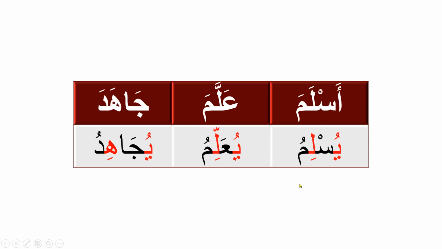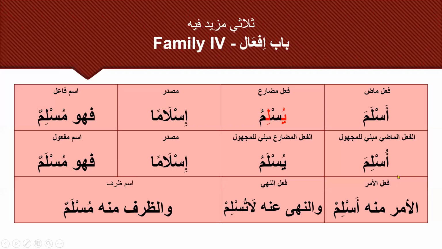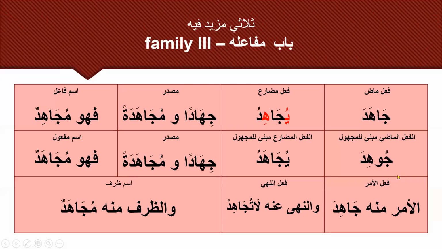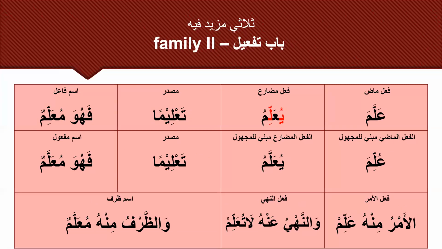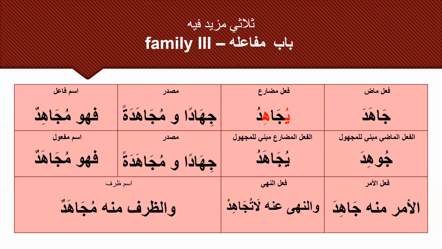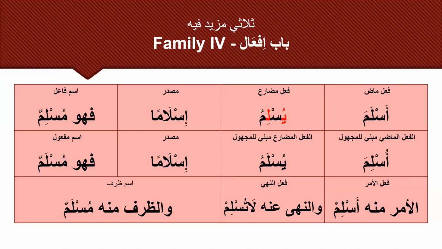So, Alhamdulillah, this is for today. We have learned a little introduction on these Thulathi Mazid Fihi families, family 2, family 3, and family 4.